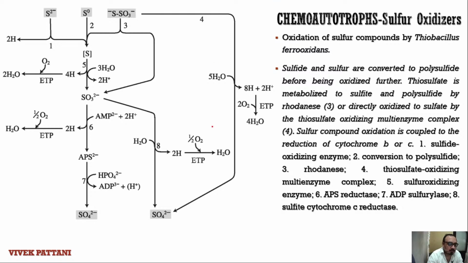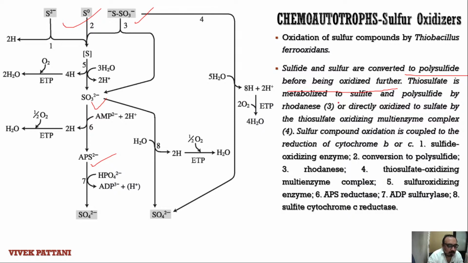In this case, as shown in the diagram, sulfides are converted into polysulfides before being oxidized further. You can see clearly here.